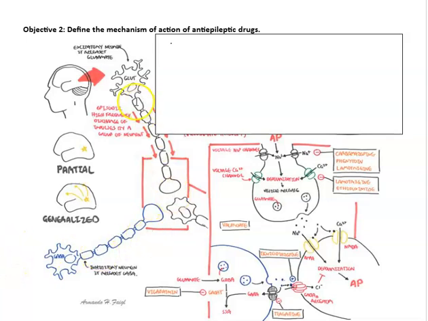So you can decrease the number of action potentials that are happening here. You can decrease the amount of calcium that's able to come in. You can decrease the activity at the receptors, that's for the glutamate, right? Or you can increase the GABA release or the activity at the GABA receptors.